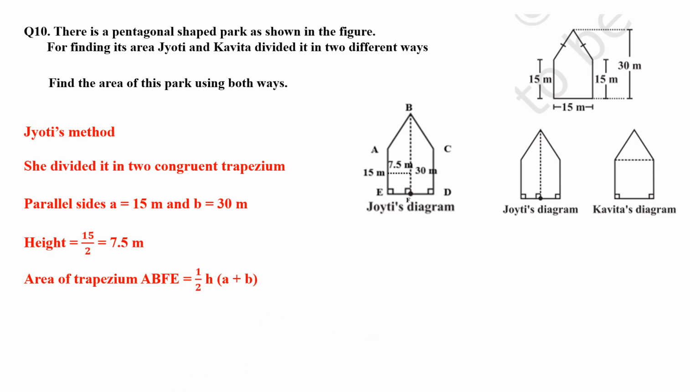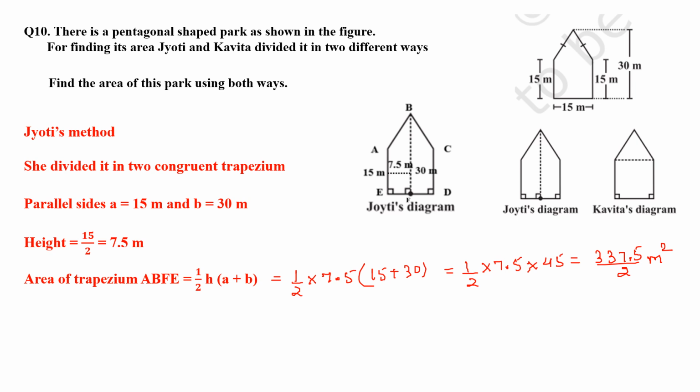Okay. So now I'm going to put all the values. It will be half into height, which is 7.5, and the parallel sides are 15 and 30. So here it will be half into 7.5 into 45, and if I multiply 7.5 and 45 I will get 337.5 by 2 meter square.